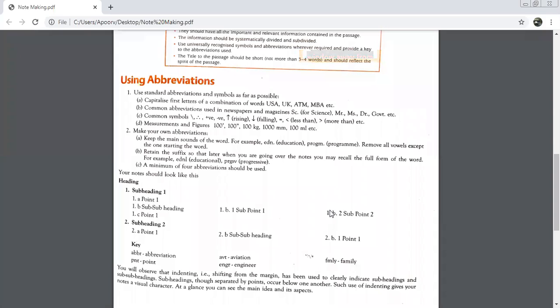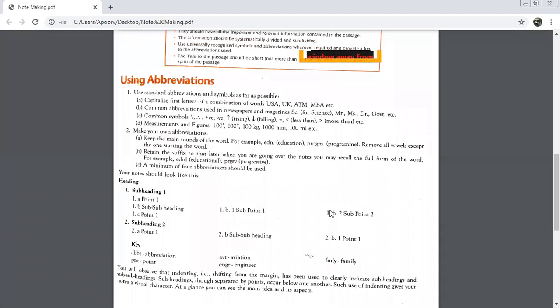Yes. 1.C.1, 1.C.2, and 1.C.3. Please do not use Roman numbers. Okay? Do not use Roman numbers. Be very careful about this. So it is going to be 1C. Okay, 1A also had 2 subheadings.